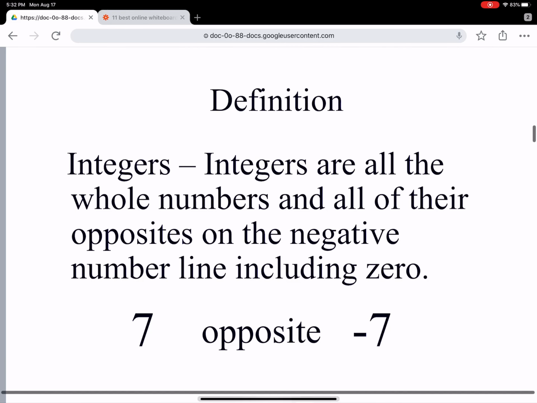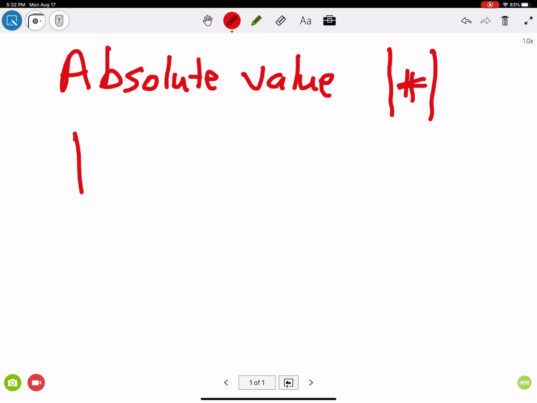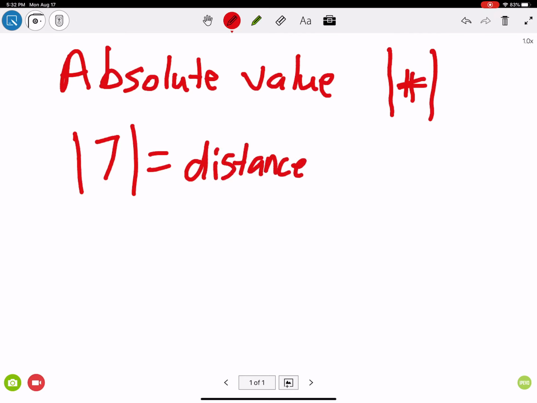Okay? So if I want the absolute value of 7, this is telling me what is the distance from 0. Well, how far away is 7 from 0? It's 7.